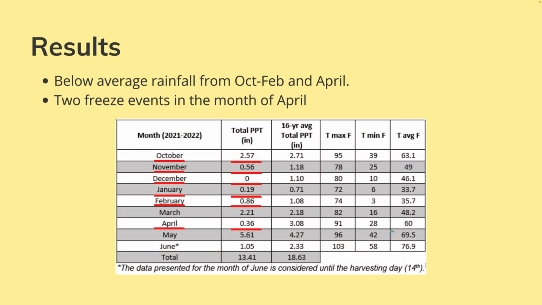So results. We had a below average rainfall from October to February and April, and 2 freeze events in the month of April. All months from October to February, it was less than the 16-year average total precipitation, and that was bad. We had an extreme drought condition here.